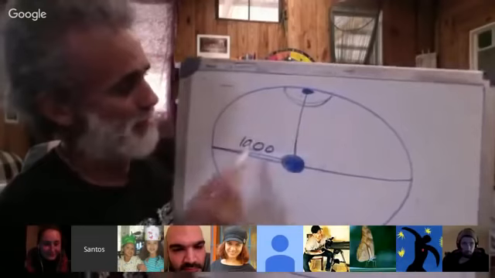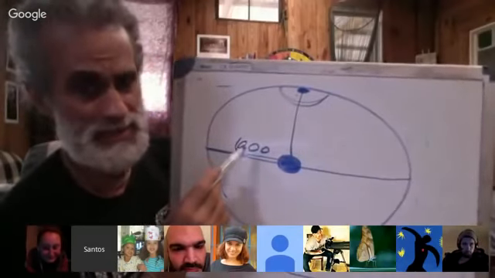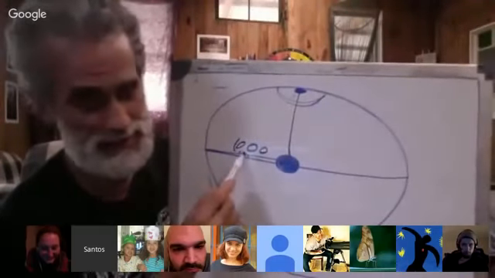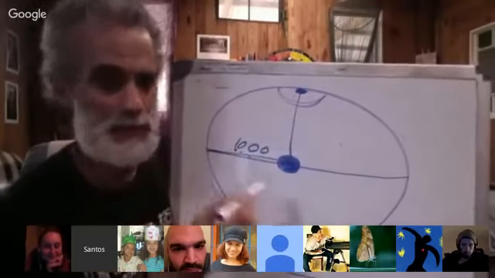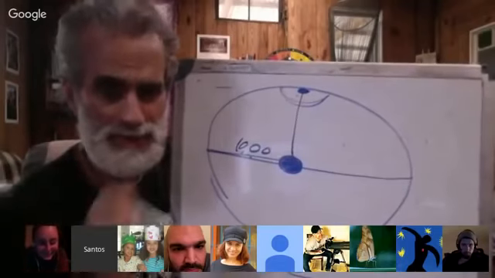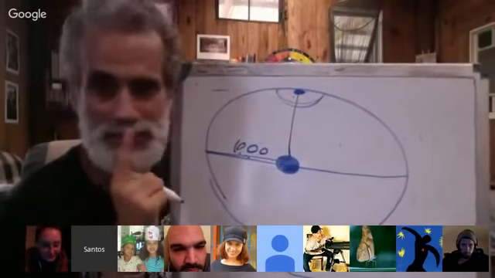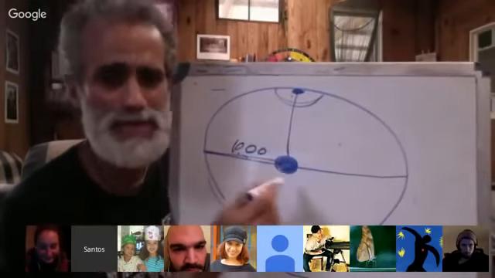But the differential in centrifugal thrust at the equator is much, much stronger than it is over here. I've been to Ecuador, and I didn't notice any difference from being in Australia. But there has to be a differential, there must be, because there's more centrifugal thrust at the equator.